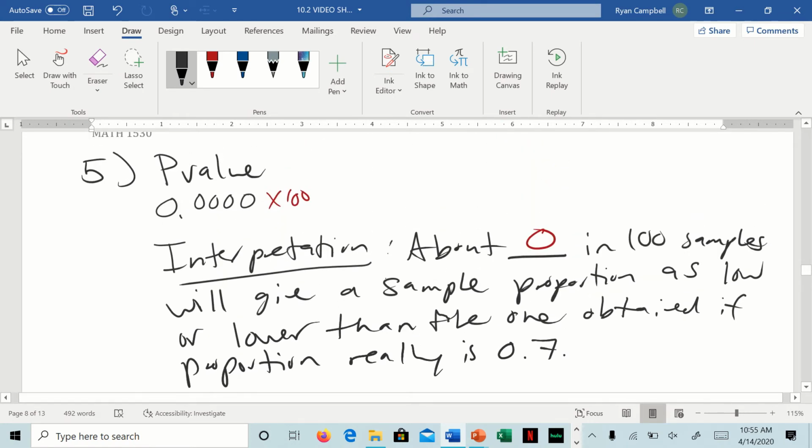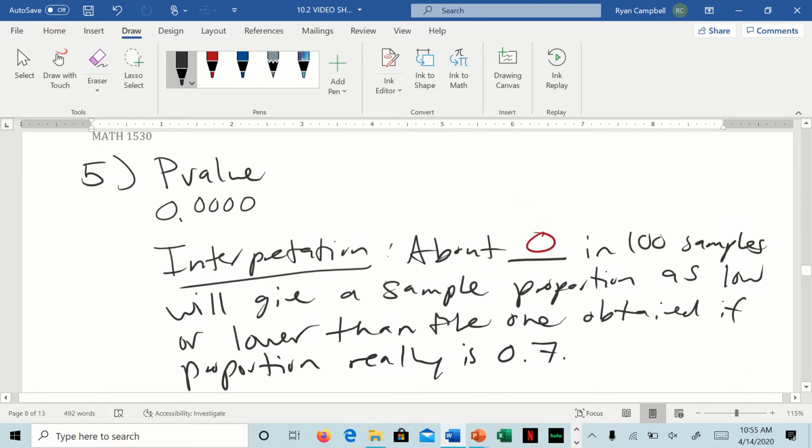So we're not really going to find any more values less than this if it really was 0.7.